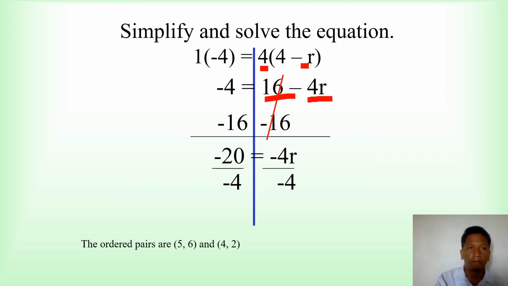Yan. To eliminate the coefficient of r, ika-cancel na natin yan. Then -20 divided by -4, that is 5. So therefore, the value of r is 5. In our ordered pair, we have (5, 6) and (4, 2). Gets nyo? Ha? Naintindihan? Okay.